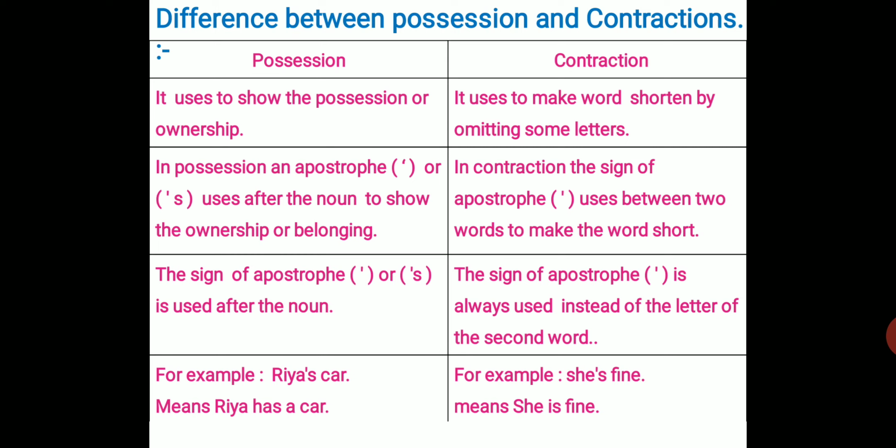In possession, Riya's car means the apostrophe s shows the possession of the car. It means Riya owns the car; she is the owner of the car. But here the apostrophe shows that we write is in a short form with she. So the pronunciation of she is will be she's. She's fine.